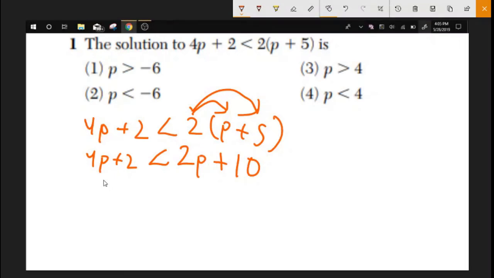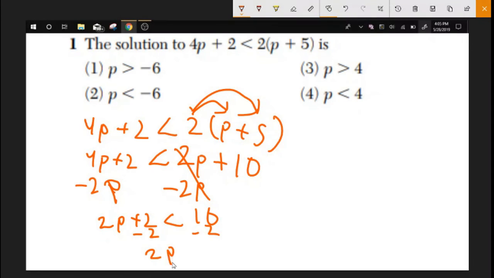And now we could try to get p by itself. Let's go with subtracting 2p from each side. And now we have 2p plus 2 is less than or equal to 10, because these two cancel out. And let's get rid of this 2.